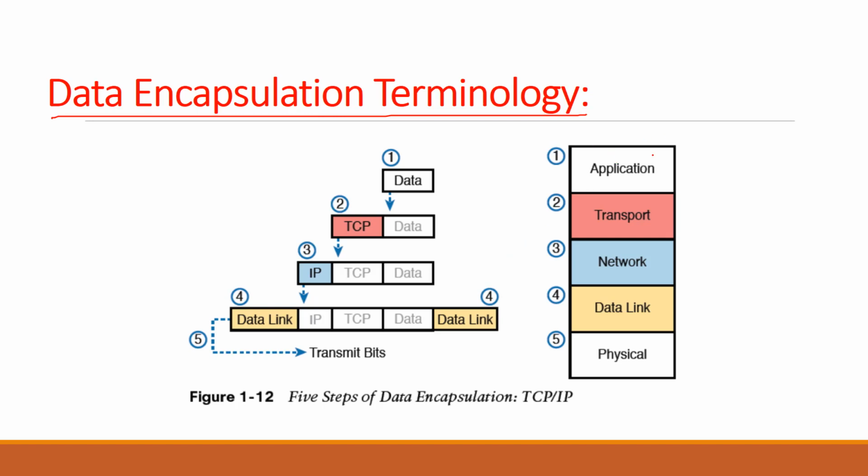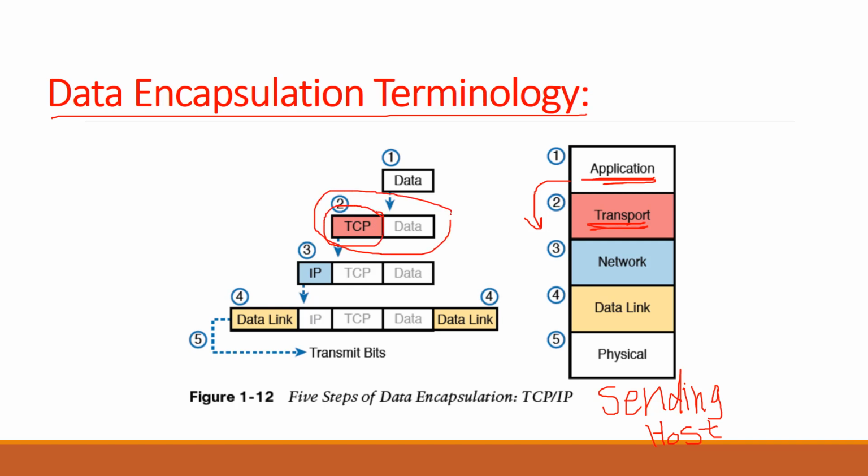The application layer here is responsible for the data. It delivers the data to the transport layer in case of encapsulation, in the case of the sending host. When the transport layer receives the data from the above layer, it adds a TCP header, and all of this is called a segment.